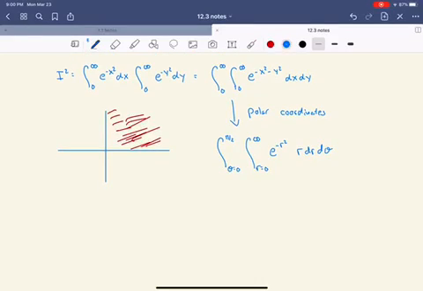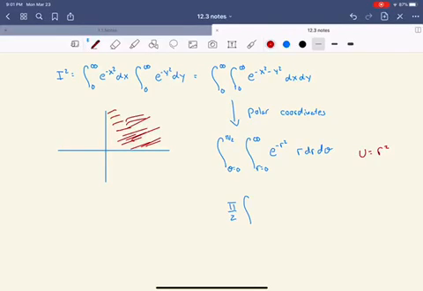Okay. So now we can actually do this integral. There's just going to be a pi over 2 in front. Let's make u equal r squared.